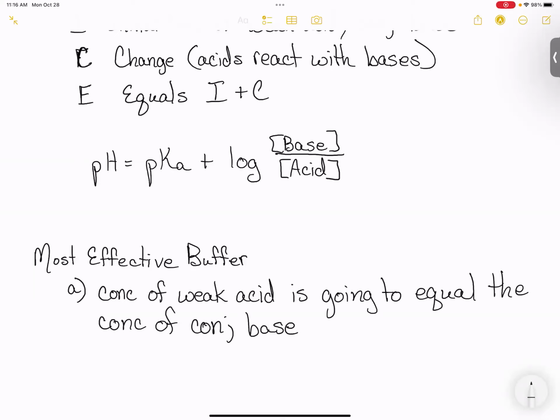By your conjugate acid-base pair having equivalent concentrations, it's going to allow it to be the most effective buffer it can be.